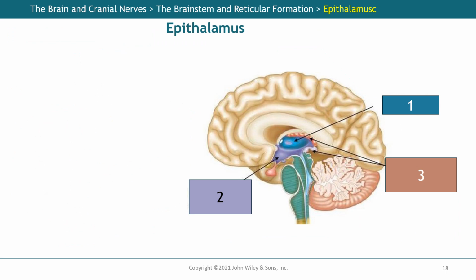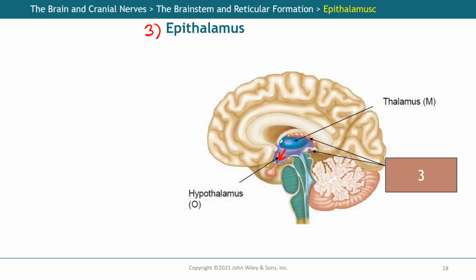So far, we have talked about three main regions of the diencephalon. The first one that we talked about was the one in blue, the thalamus. The second one, that is inferior or below the thalamus, is the hypothalamus. And finally, we are going to go to one that is above, or superior, and is also posterior.